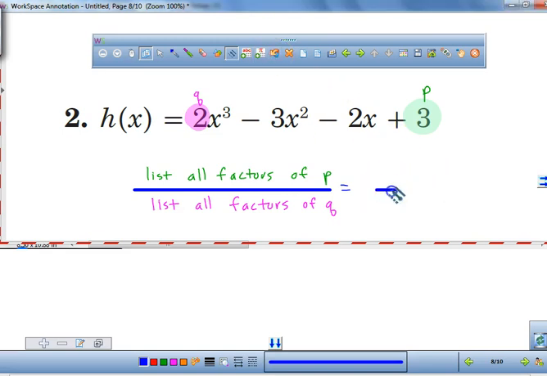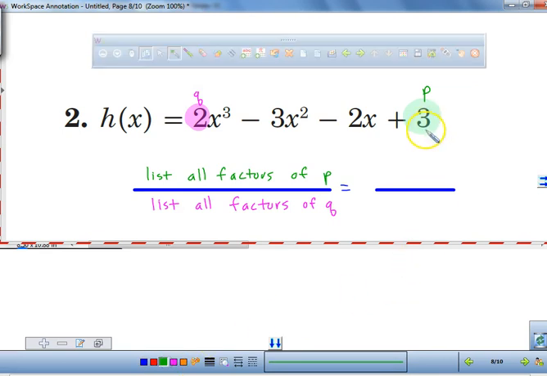Now, I realize this is a very, very difficult problem here, because the factors of 3, there's just so many. 1 and 3. And there's so many factors of 2. 1, 2.